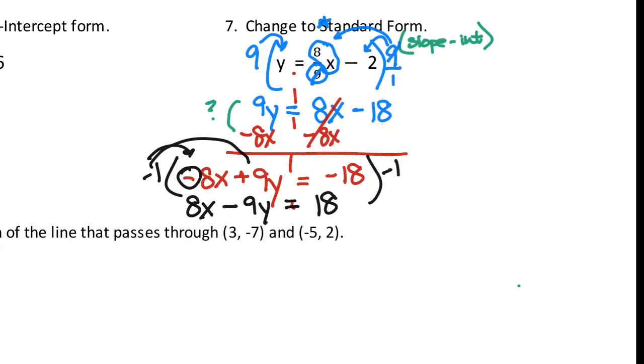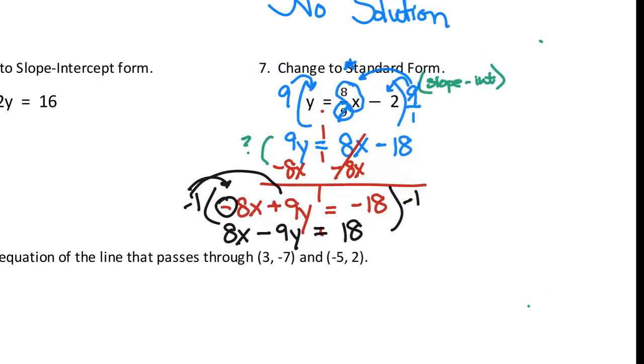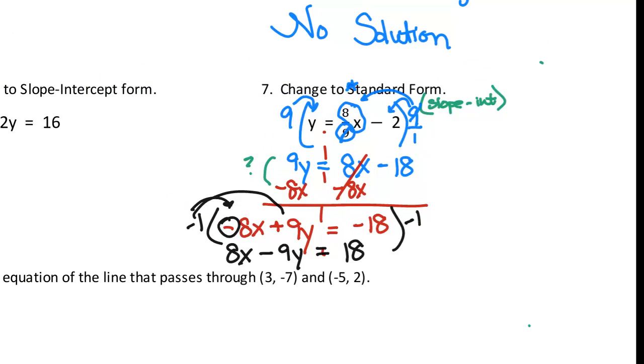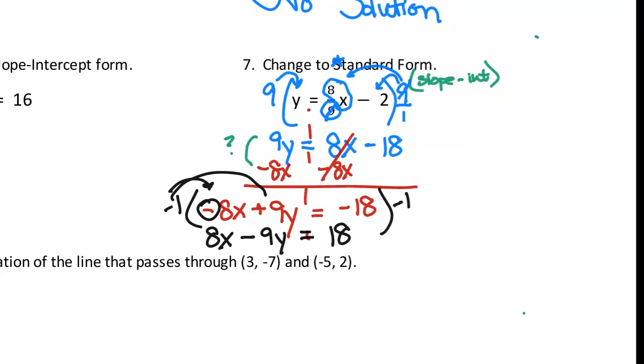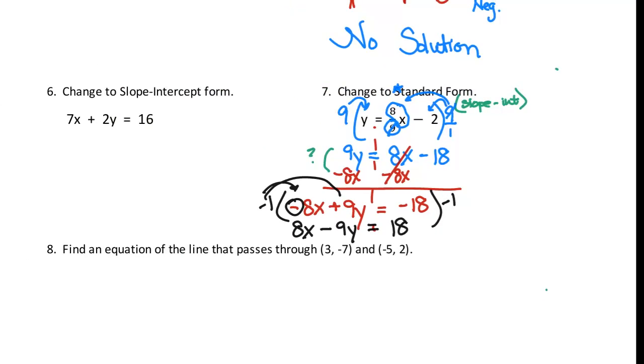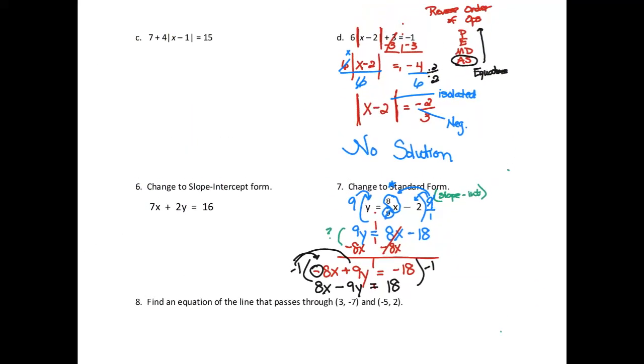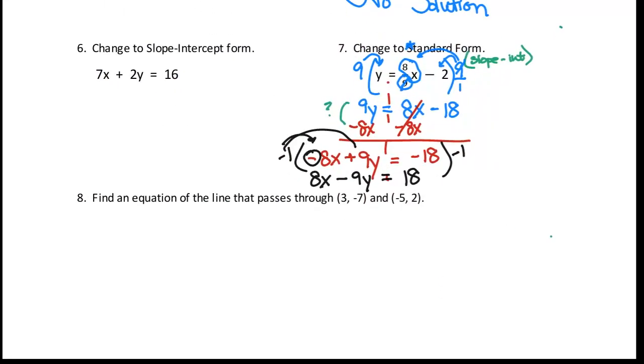Now it's in ax plus by equals c form. Any other questions?